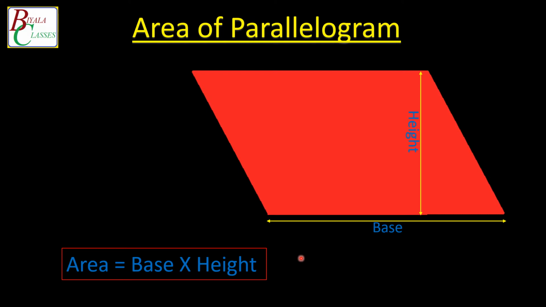Now let us understand why it is so. If we draw a perpendicular like this, we get two parts of the parallelogram. One is a trapezium and the other one is a triangle. Now this triangle is a right angled triangle.